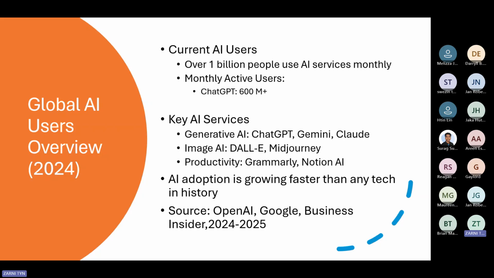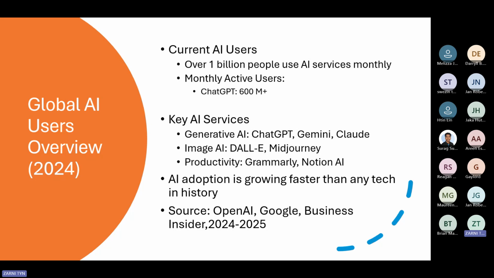But the boom came in 2020, with a huge number of users. You can search and learn. The sources are OpenAI, Google, and Business Insider 2024 and 2015.